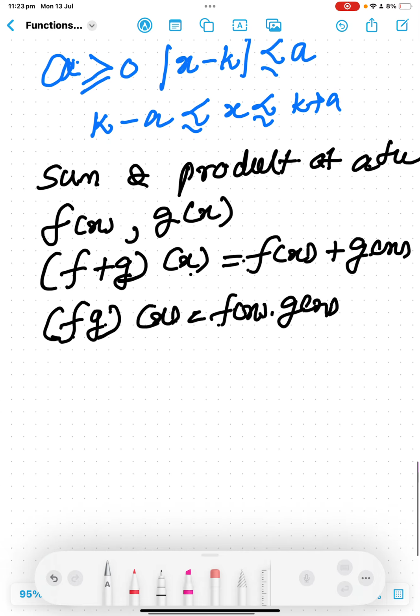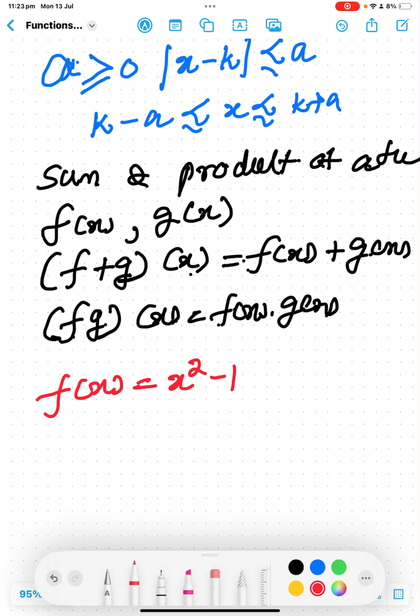Let's say f(x) equals x squared minus 1 and g(x) equals 2x plus 5.